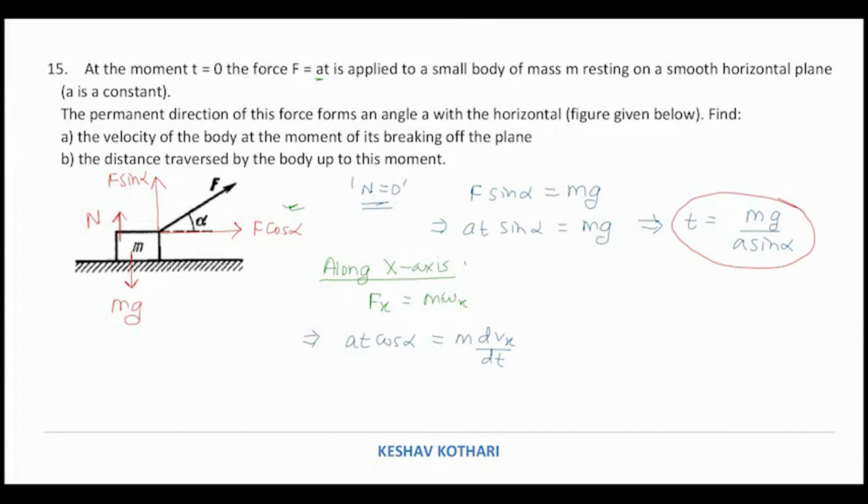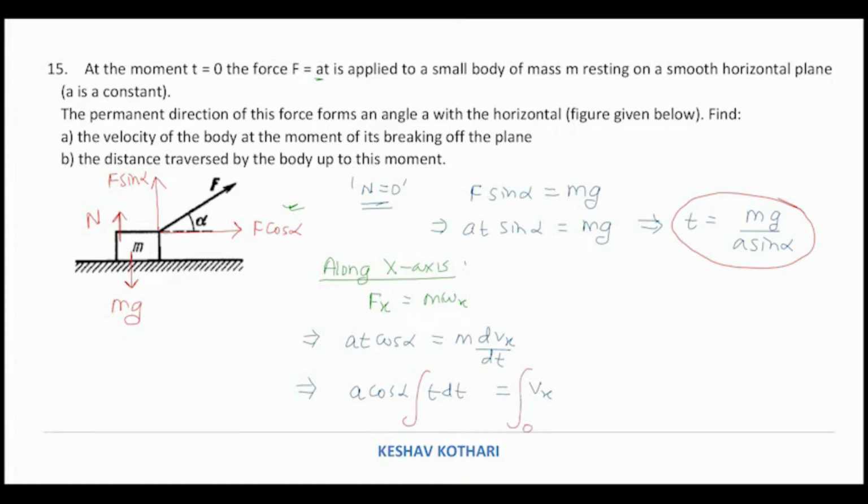From here I can arrange the expression such that we can write it as A cos alpha t dt equal to m dv. Now while we integrate both sides, we need to fix the proper limits.